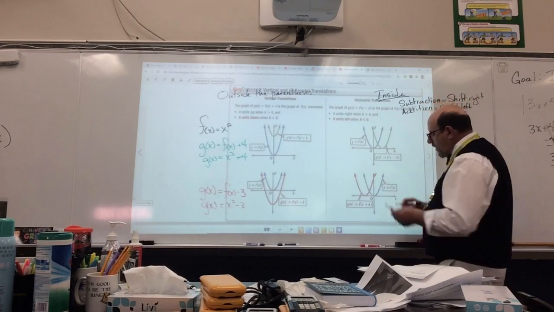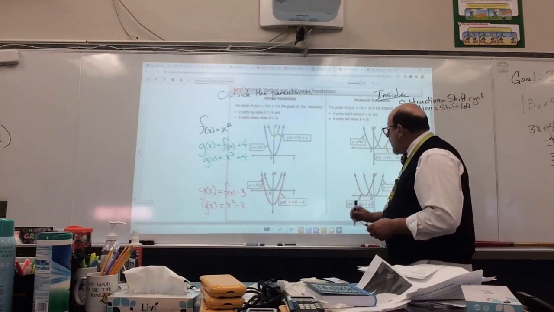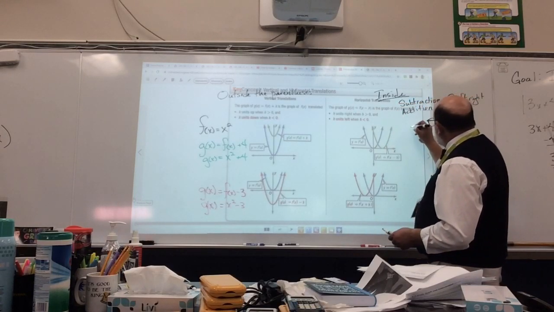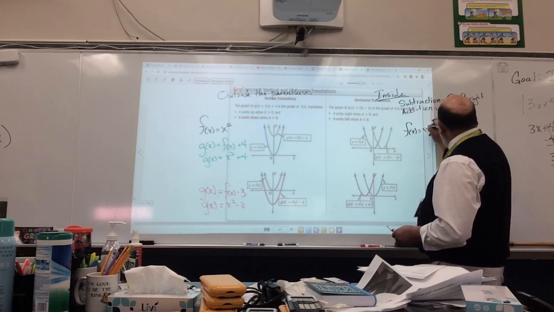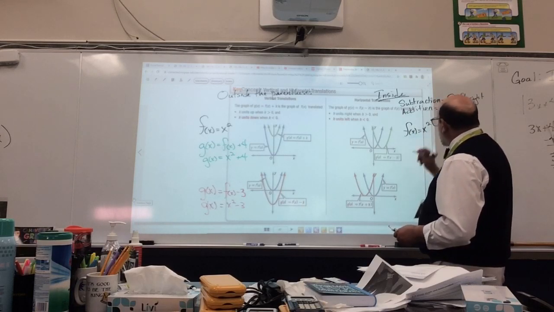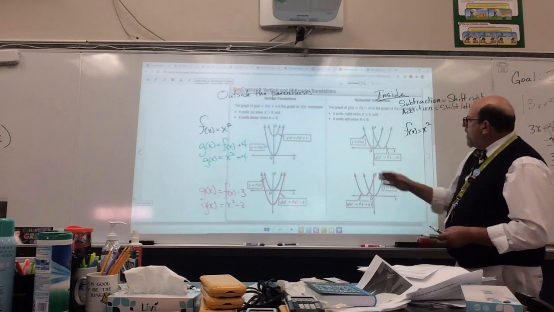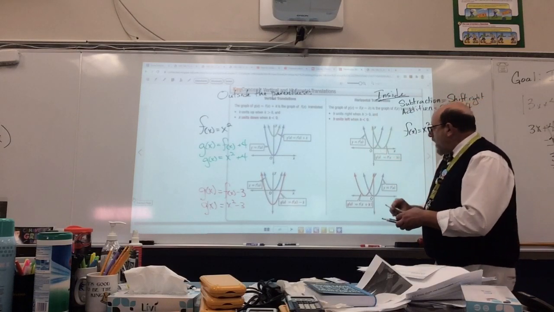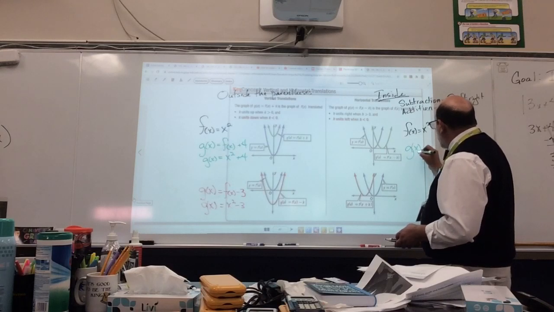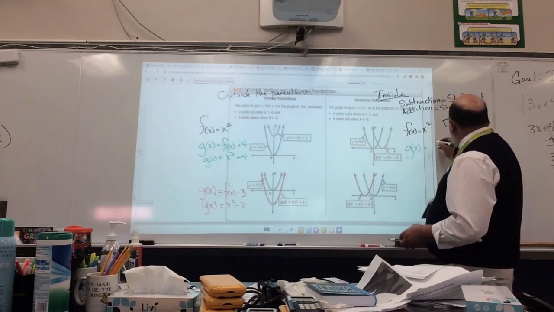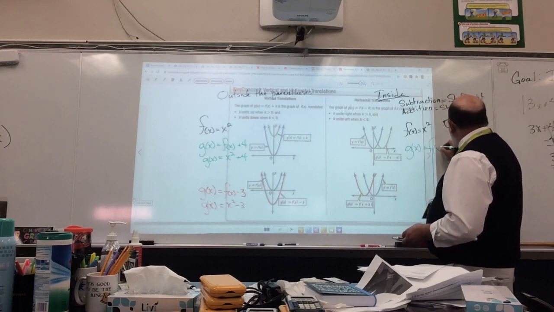Okay, and I could have written that in different colors, but I didn't. Again, our parent function f of x is x squared. We have our parabola, right? So now we have g of x, which is the same as f of x minus h.